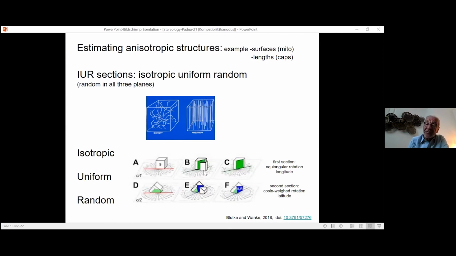You do that in a 2-step procedure where the first section takes an equiangular rotation, and the second section has to be a cosine weighted section. This is due to the fact that you have to compensate for longitude and you have to randomize for latitude. And that is where the cosine comes in. So there is a lot of work involved in sectioning correctly if one makes correct measurements in 3D of structures that are fully or partially anisotropic.